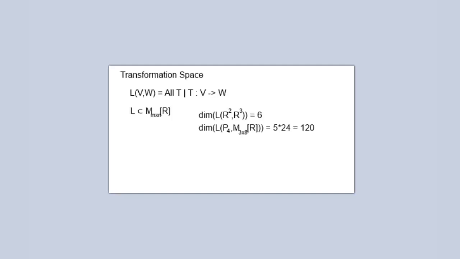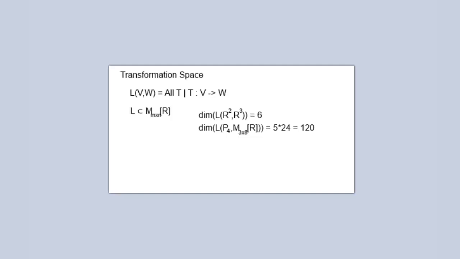So the dimension of L from R2 to R3 is 6, and the dimension of L from P4 to M3 by 8 is 5 times 24, which is equal to 120, and so on.